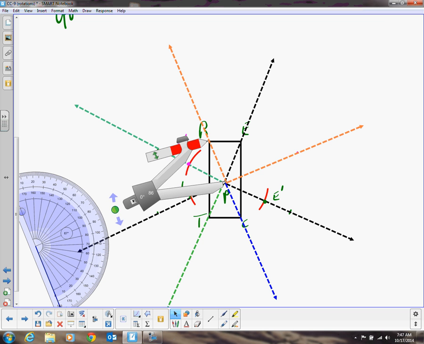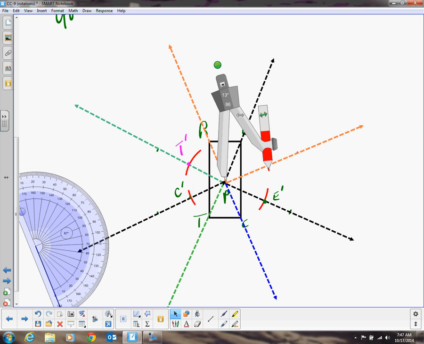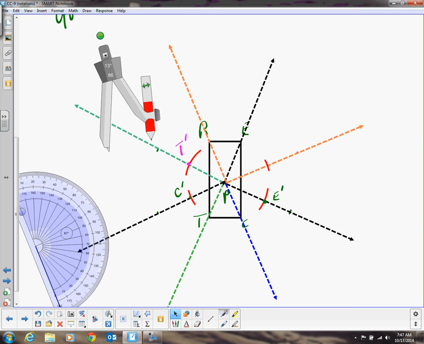On the red line. So here's my arc, and what point is that? That is R prime. Now how do I finish my figure? I connect C prime to E prime to R prime to T prime to C prime.